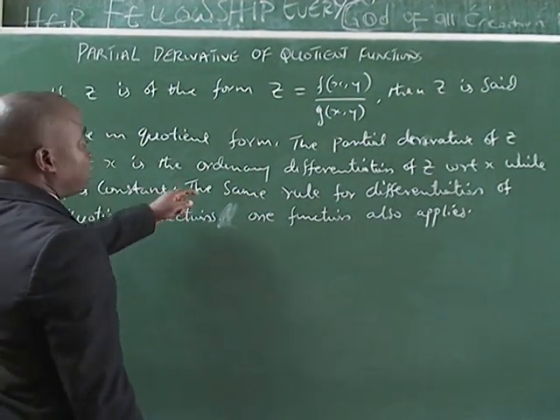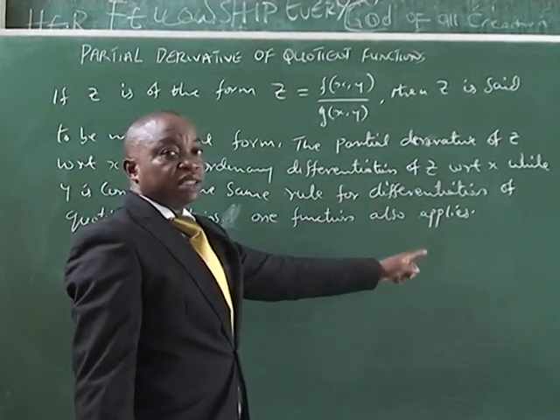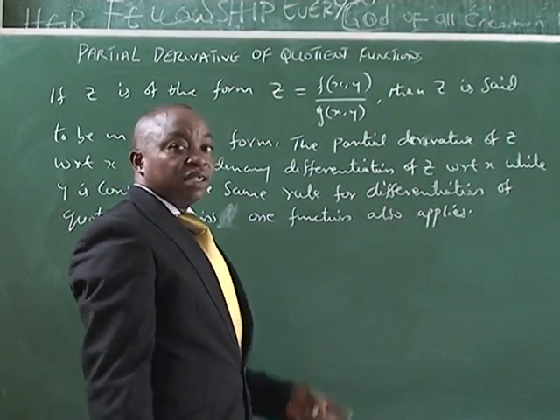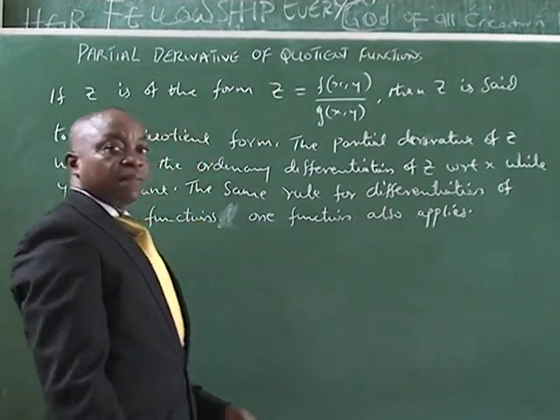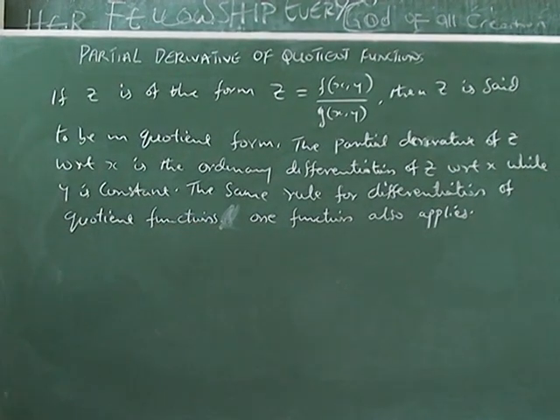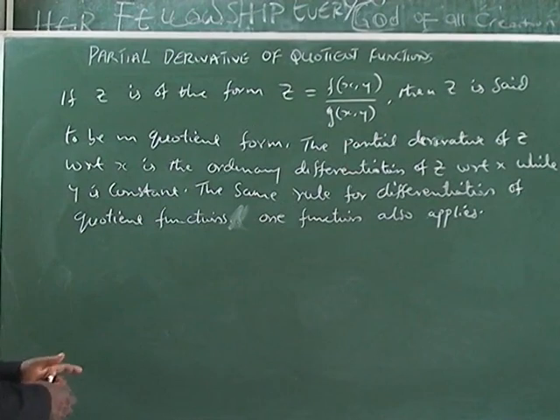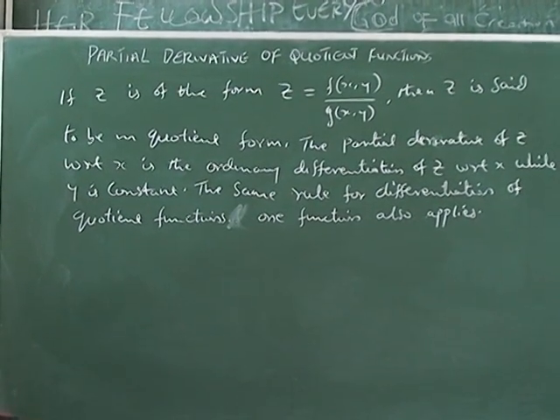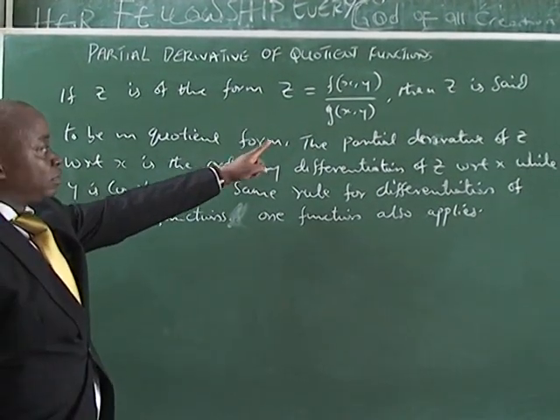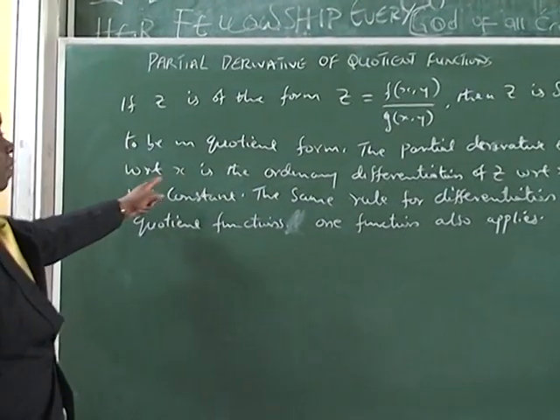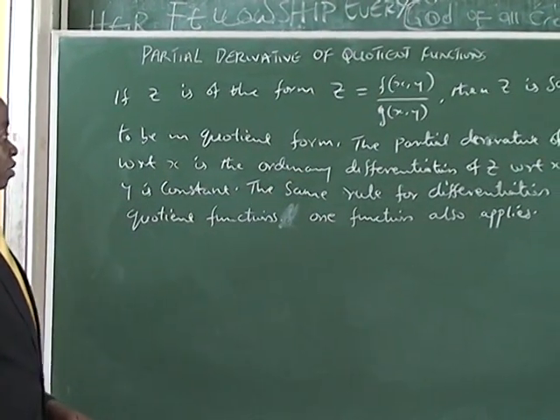So even for y, that is partial derivative of z with respect to y, is the ordinary differentiation of z with respect to y. X also gets constant. Alright. So if z is in this form, then z is said to be in quotient form.